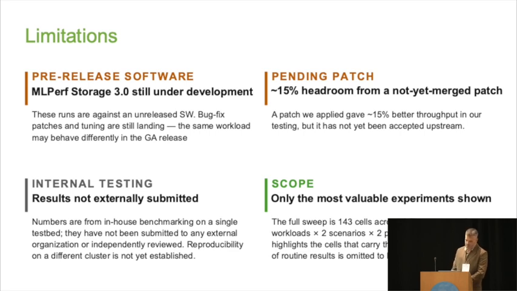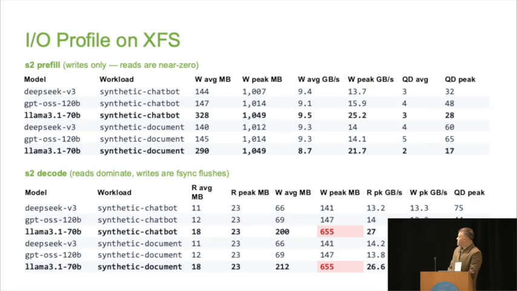So I started with an investigation of the I/O profile, and here you can see a very large difference from the data provided by the University of Amsterdam. The average block size on the prefill stage was about 150 megabytes, and the peak write size was close to 1 gigabyte.